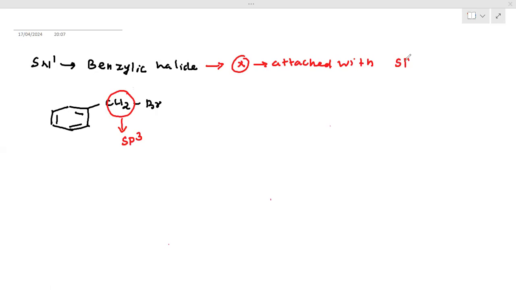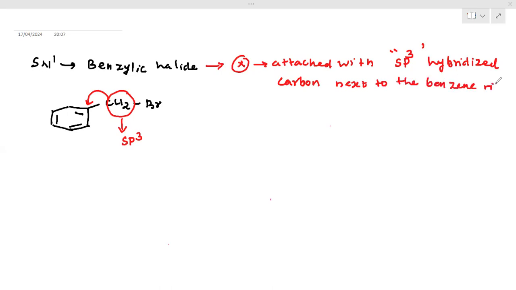Halogen attached with sp3 hybridized carbon, next to which the sp3 hybridized carbon is bonded to the benzene ring. Okay, next to the benzene ring. This is called a benzylic halide.